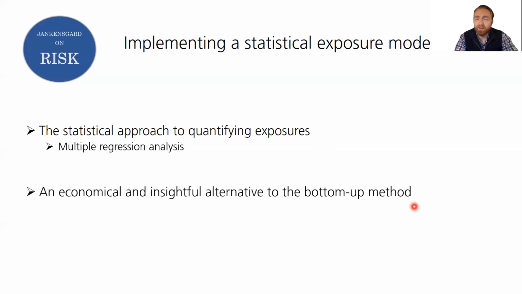We're going to assume that the relationship between risk factors and corporate performance as it appears in the historical data is a reasonable and valid estimate of exposures going forward. So it's about generating insights from historical data.